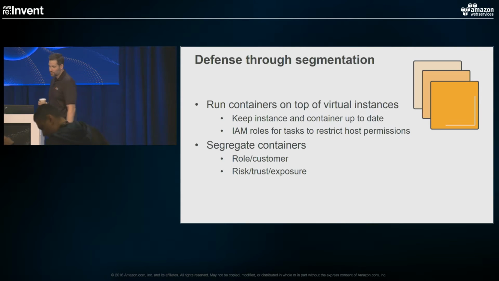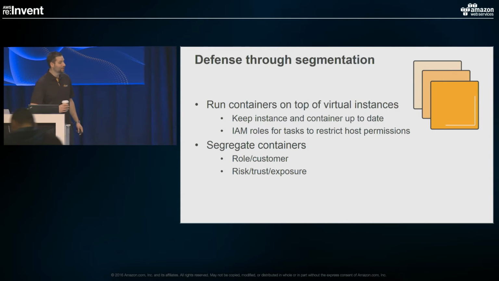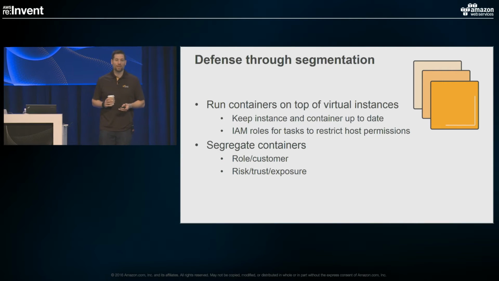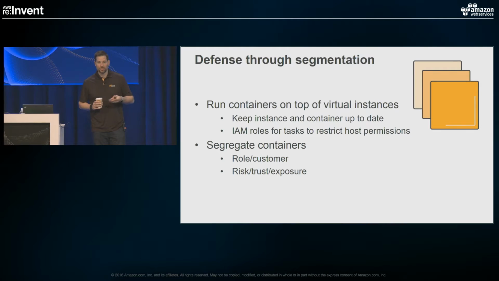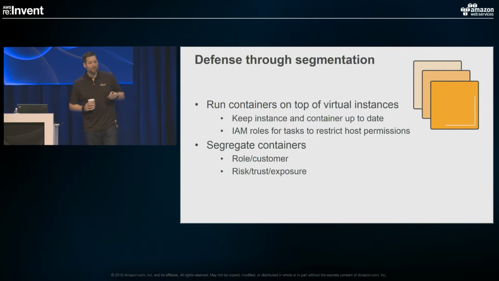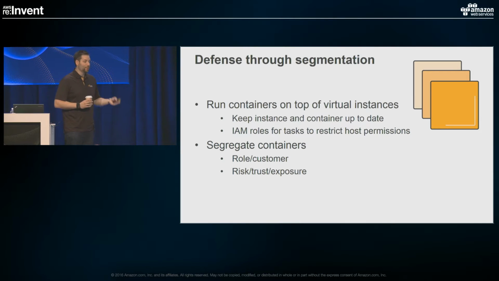So one way to handle this kind of security is defense through segmentation. As I mentioned, they have a weaker isolation just because they use namespaces versus VM isolation. But you can still combine the benefit of running on a virtual machine with running on containers. A couple of items: make sure you keep containers up to date, but also the container instance.